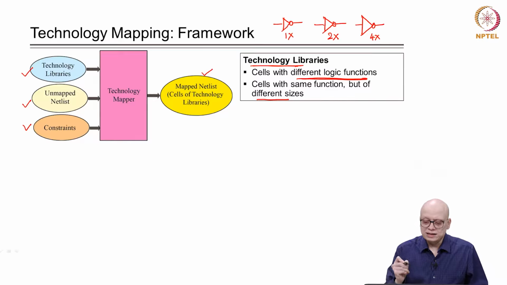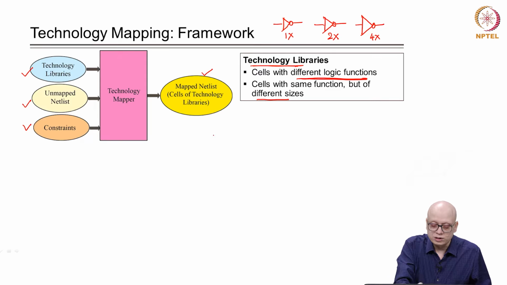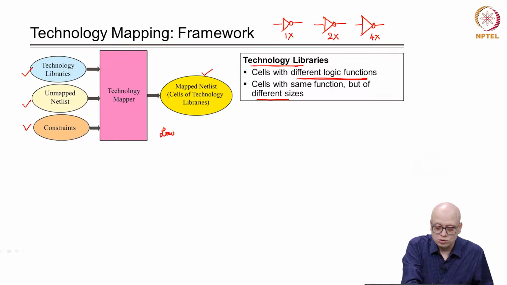Additionally, when we provide technology libraries to the logic synthesis tool, we can provide technology libraries of various types. What we mean by type is that there can be some technology library which is implemented using transistors of, say, low threshold voltage, or low VT.